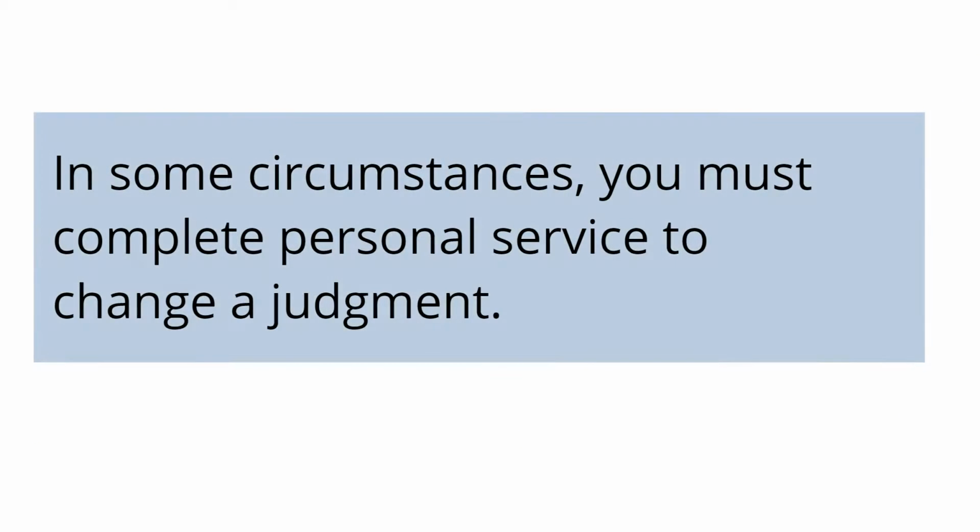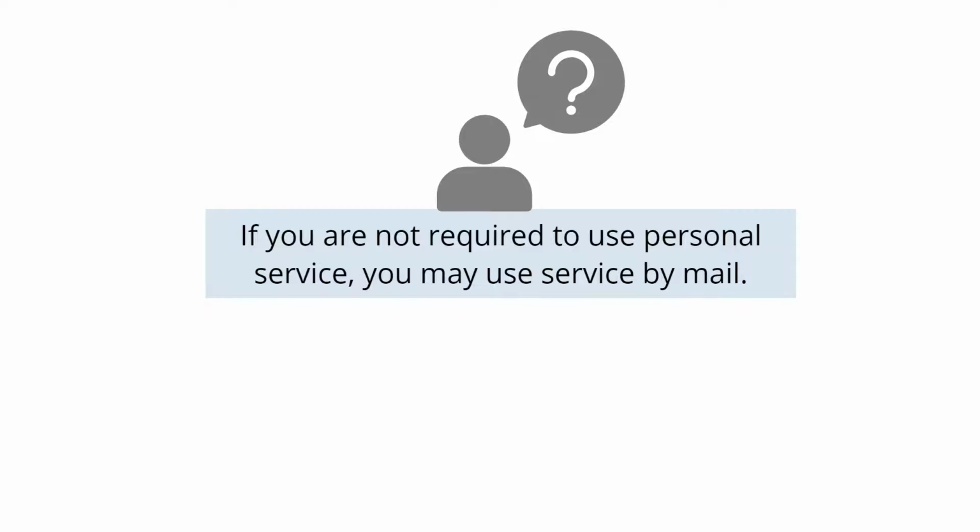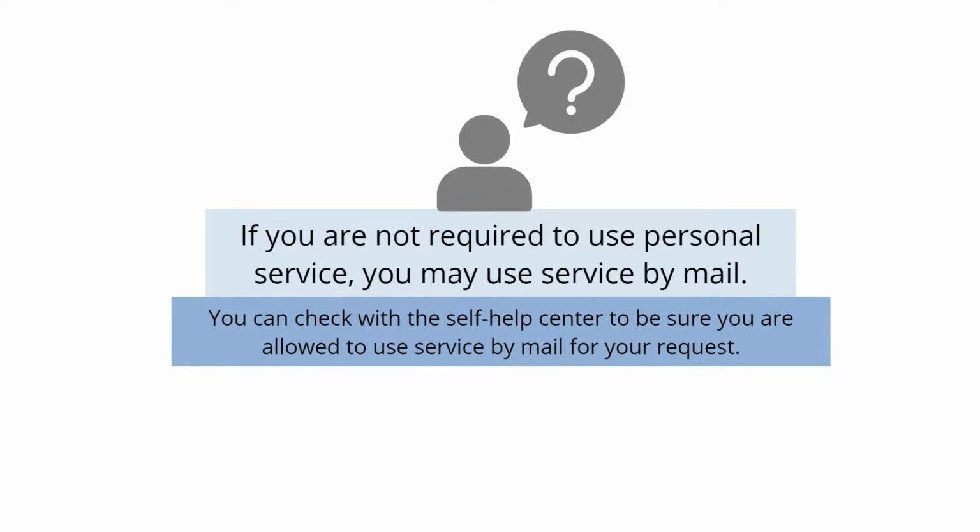In some circumstances, you must complete a personal service to change a judgment. If you're not required to use personal service, you may use service by mail. You can check with the Self-Help Center to be sure you're allowed to use service by mail for your request.